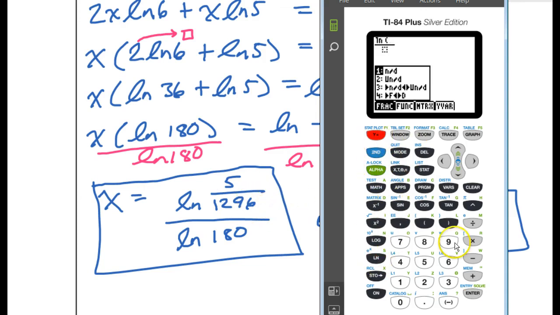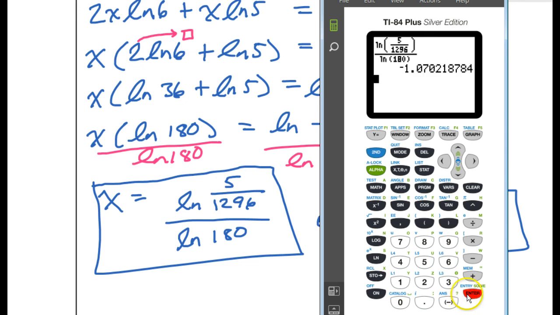So alpha y equals again. And then I will do my 5 over 1296. And then in the denominator, you do your natural log of 180. Okay, so that's how you type it into your calculator.